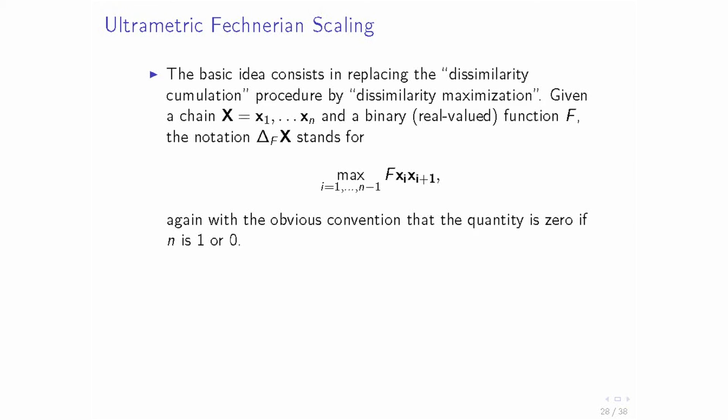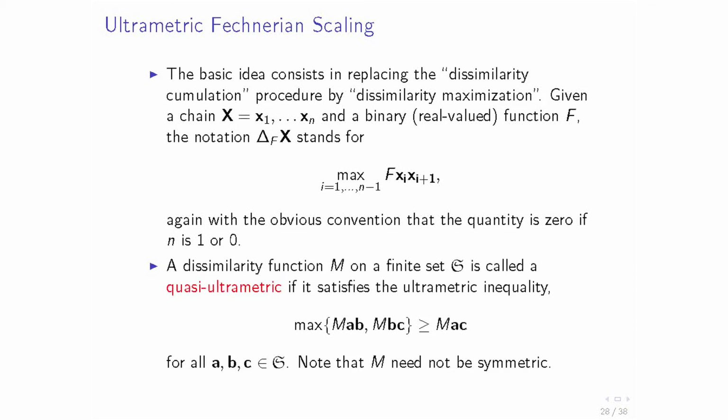And then a dissimilarity function m on a finite set is called a quasi-ultrametric, because it's not symmetric of course, if it satisfies the ultrametric inequality in this way. But this does not presuppose a symmetry here. This is just the maximum of AB and BC is greater or equal to AC.